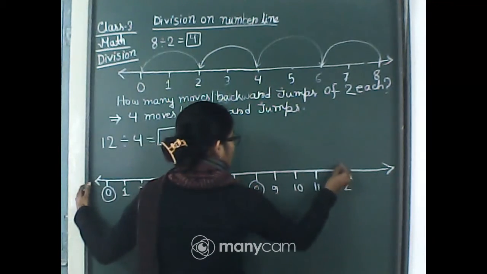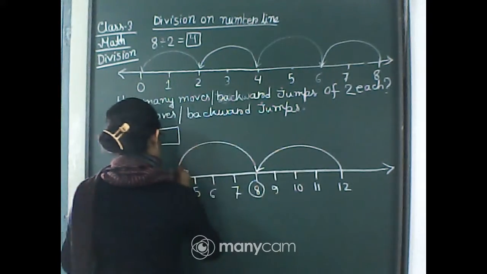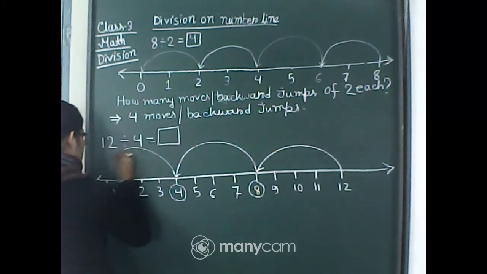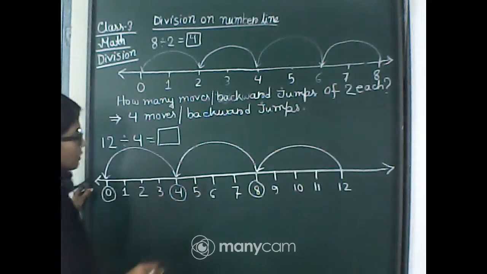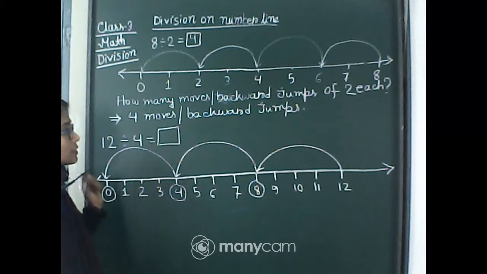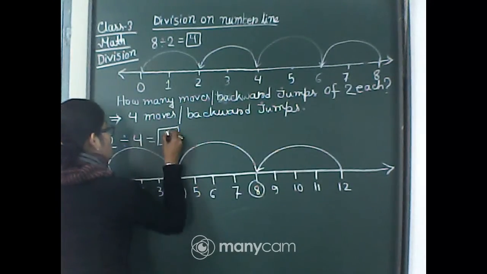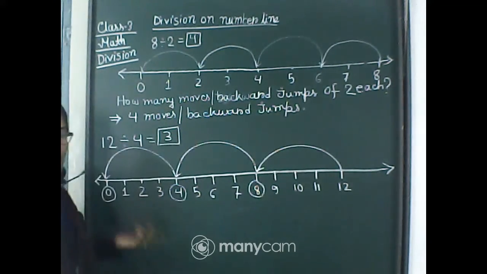Now from 12 it will come first to 8, then from 8 to 4, and from 4 to 0. Now see how many moves or backward jumps of 4 each? It's 3, isn't it? 1, 2, 3, so 3 will be the answer.